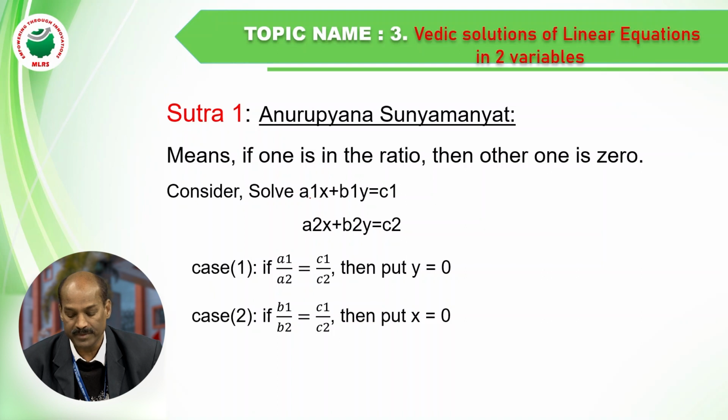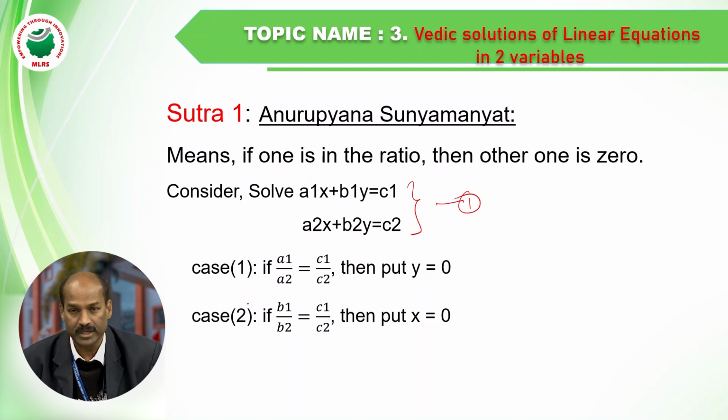Now you see this problem: a1x plus b1y equals c1. The second equation is a2x plus b2y equals c2. Suppose this is the given problem. In this problem, the variables are x, y, and a1, b1, c1, a2, b2, c2 are the constants.